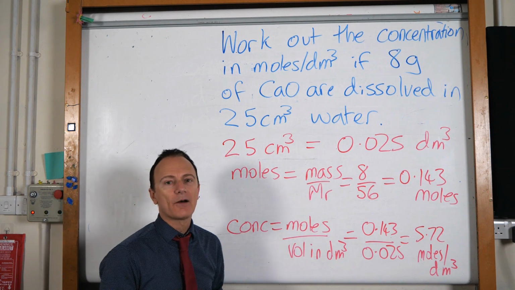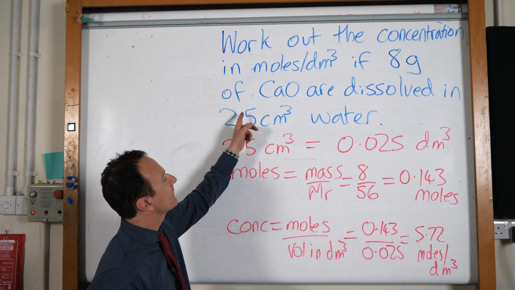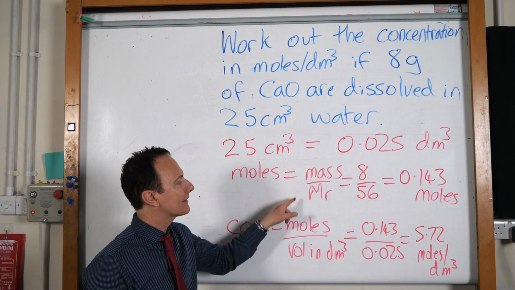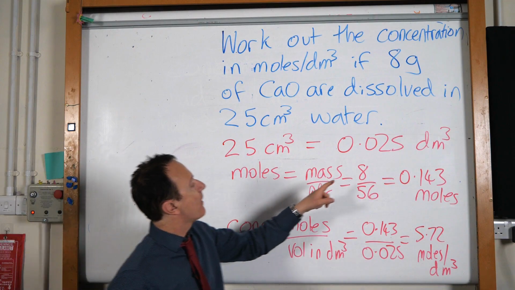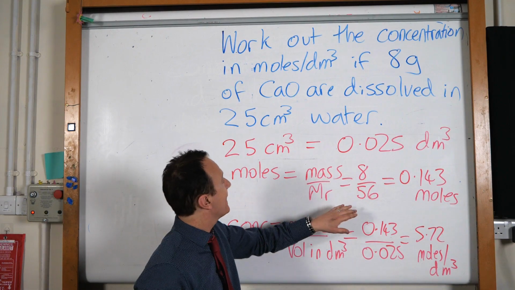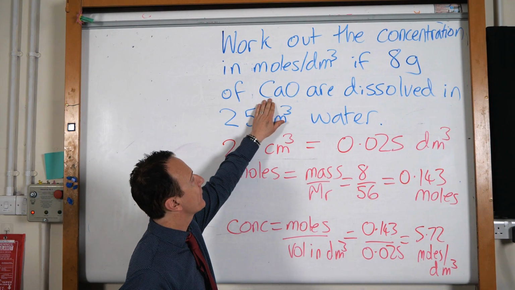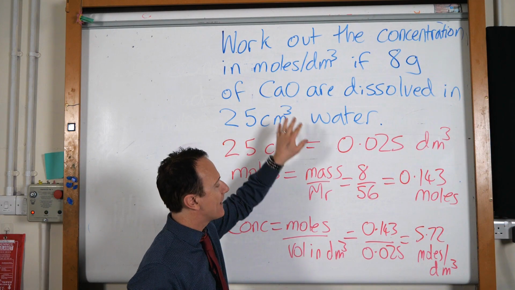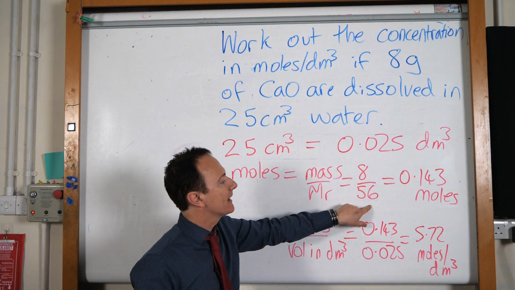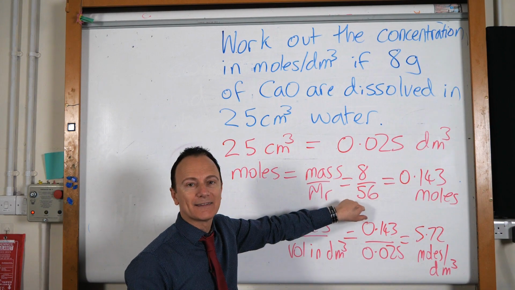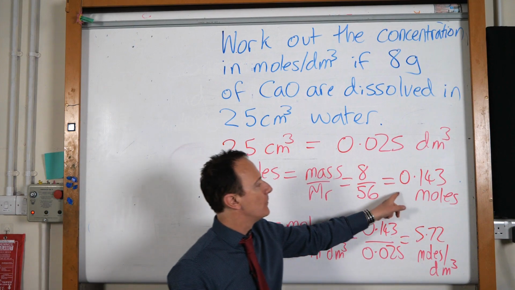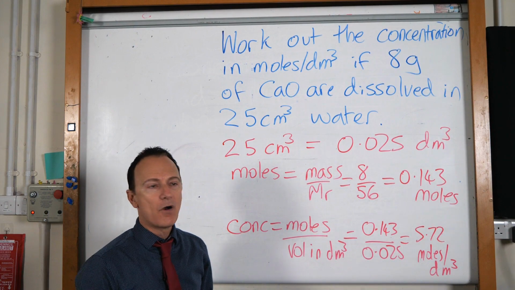We then need to work out the number of moles of the calcium oxide, and we do that using the formula moles equals mass over Mr. So we've got 8 grams of it, and the Mr, well, the mass number for calcium is 40, 16 for oxygen, so the formula mass or relative molecular mass is 56, 40 add 16. When we do 8 divided by 56, we get 0.143 moles.